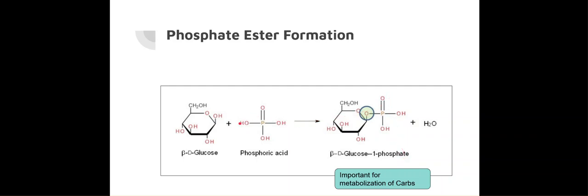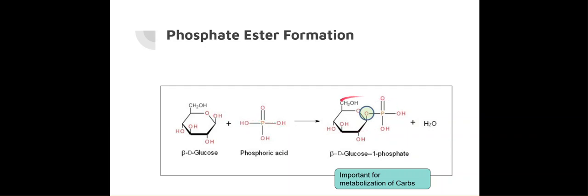So you pop off again this hydrogen and this hydroxy group and get water. And this phosphate connects into that oxygen there. I'm sorry, this hydroxy group pops off and this hydrogen to form water. This phosphate then connects to this oxygen.